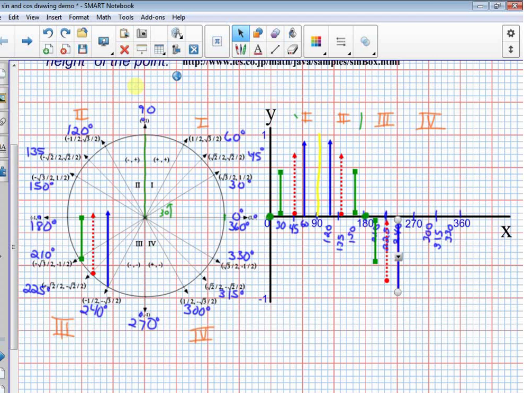And at 270, look at the y-coordinate, it's -1. So I'm going to go down here with yellow. I had to look at the color I used for -1.